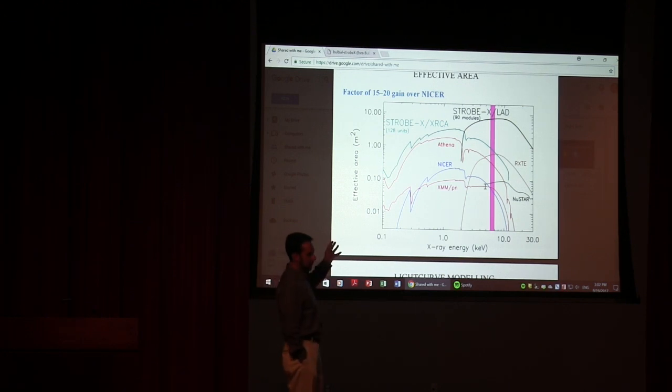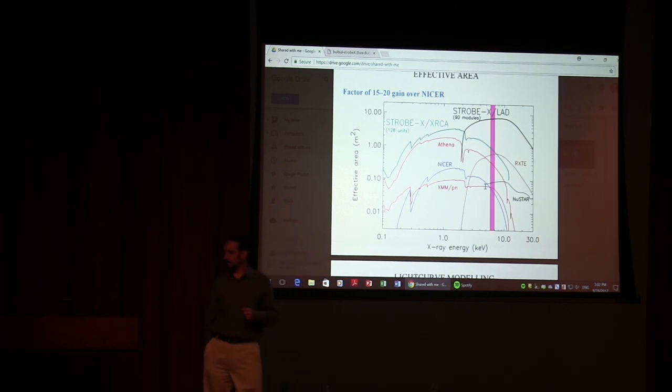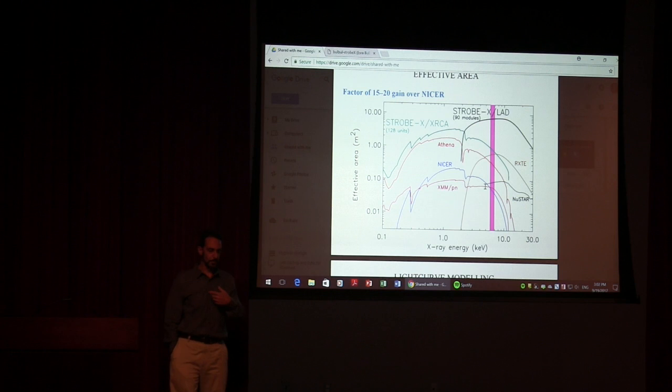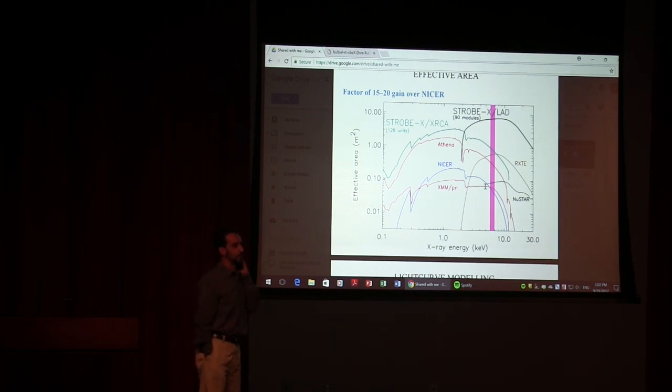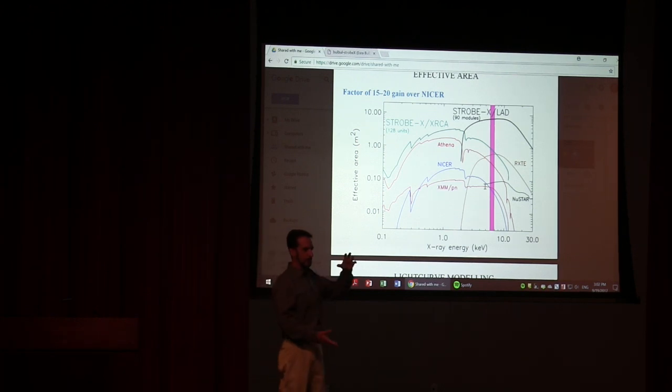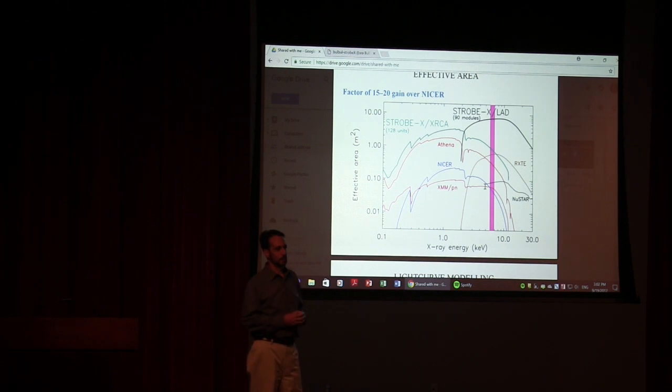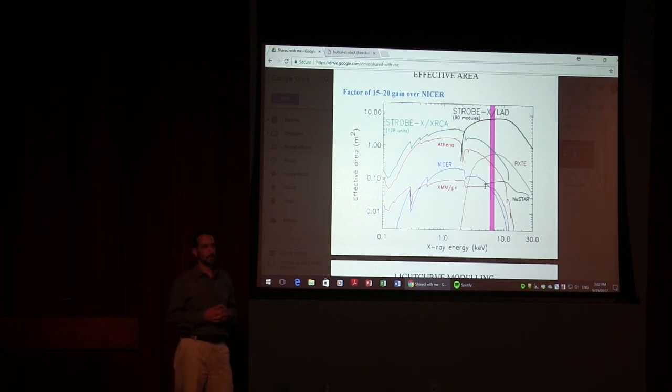That factor of 15 to 20, in case you don't remember the baseline configuration that we put in the proposal, relative to NICER comes from having approximately 2.5 times as many detectors, versus having each of those optical detector combinations in this very modular architecture having about 7 times the effective area as NICER.